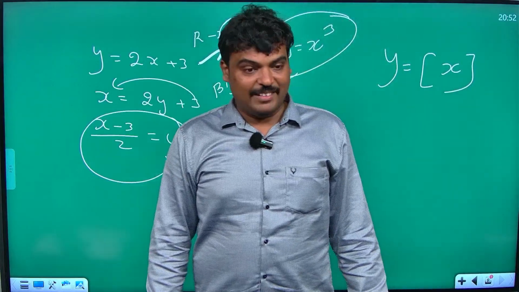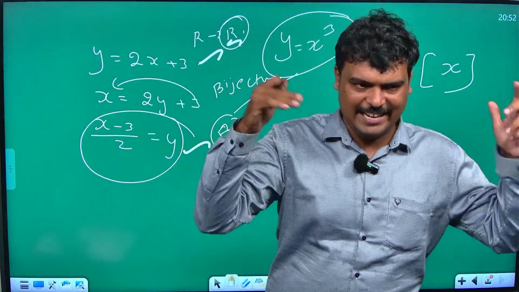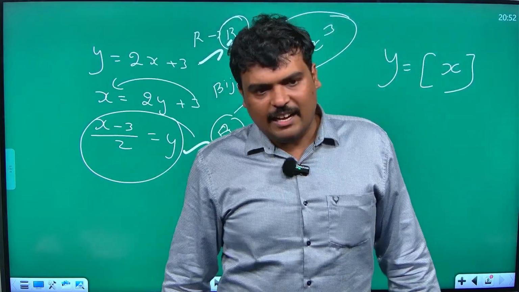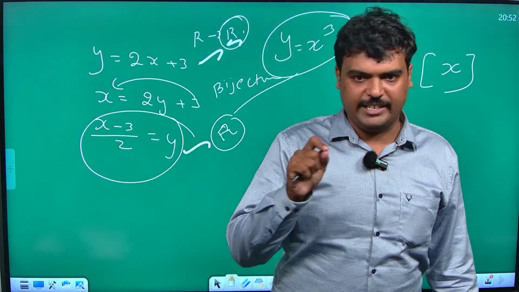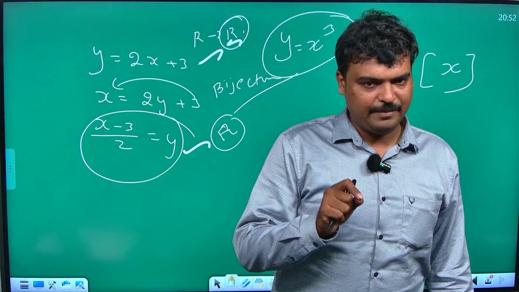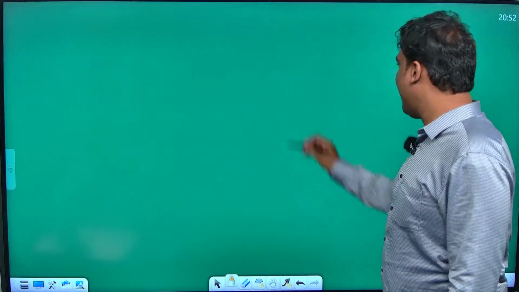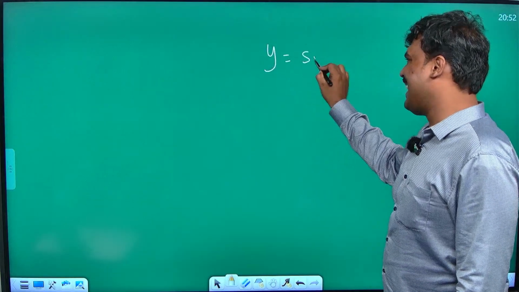Okay guys, don't write anything now, just observe me, just listen to exactly what I say. I told what is the meaning of one-to-one function and onto function. I told the meaning of bijective function, right? Okay guys, y equal to sin x.